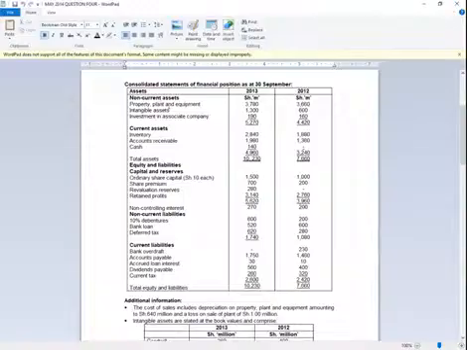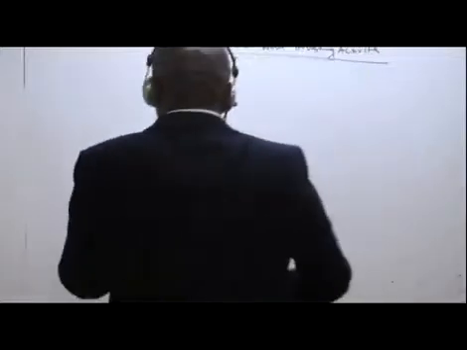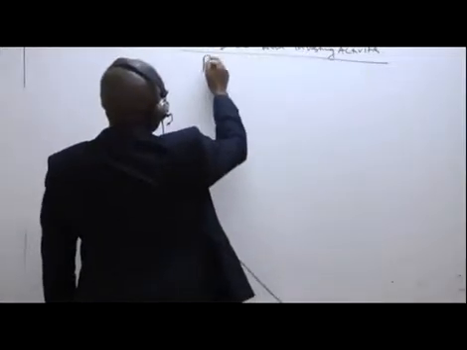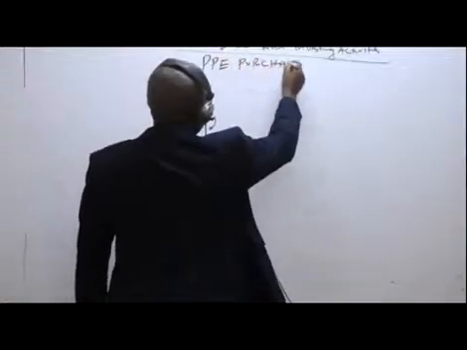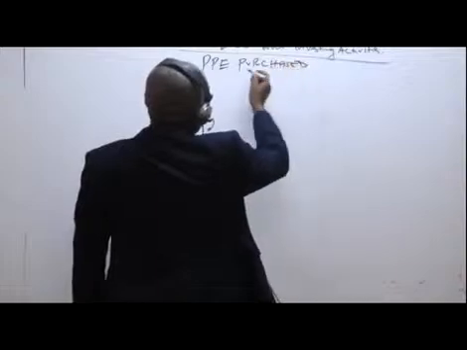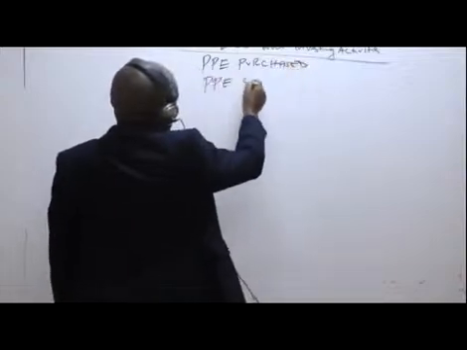So for property, plant, and equipment, you will have PPE that was acquired, and there could be PPE that you sold. For PPE, I don't even have to be told by anybody. I'll come and write here: PPE purchased. Then we have PPE sold.